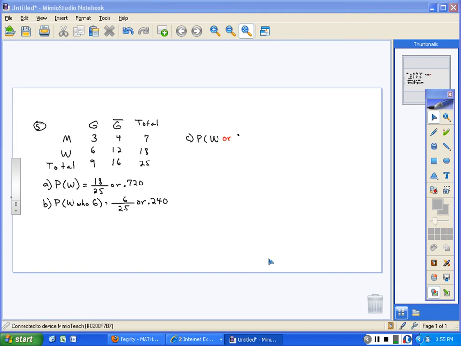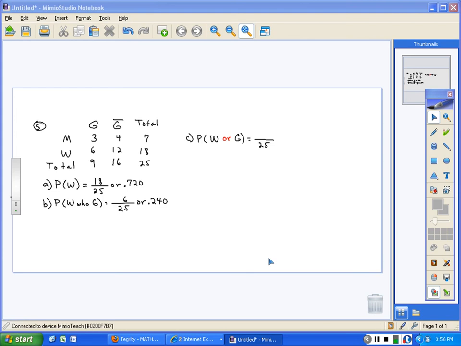So that's a G. The denominator is still going to be 25. There are formulas in the book for OR problems, but I don't like to use the formulas.